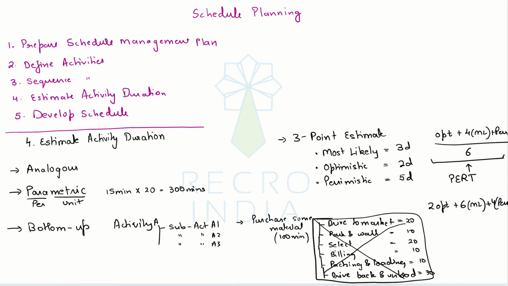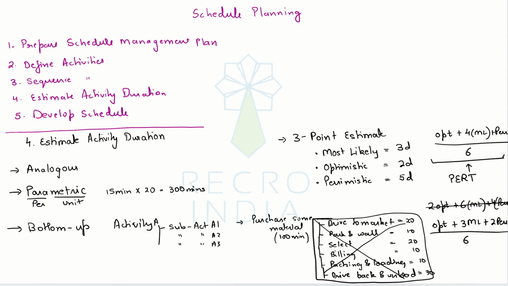Or ideally, if I want to put it in this way, that's also fine, that optimistic plus 3 times most likely plus 2 times pessimistic. Now this time I've got 6 in the denominator, as in 1 data point for optimistic, 3 for most likely, and 2 for pessimistic. Sorry, 6, my bad. So now we are changing the formula and we are using this. However, this is not PERT. You can say that this is your own weighted average.